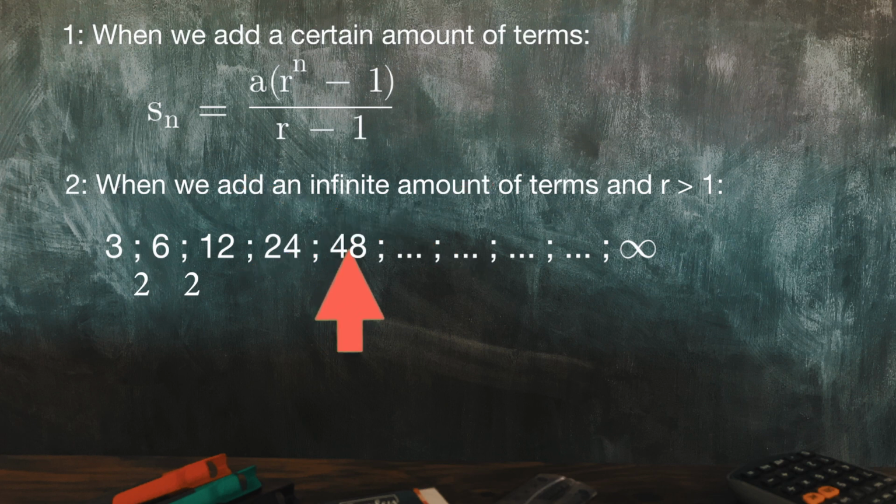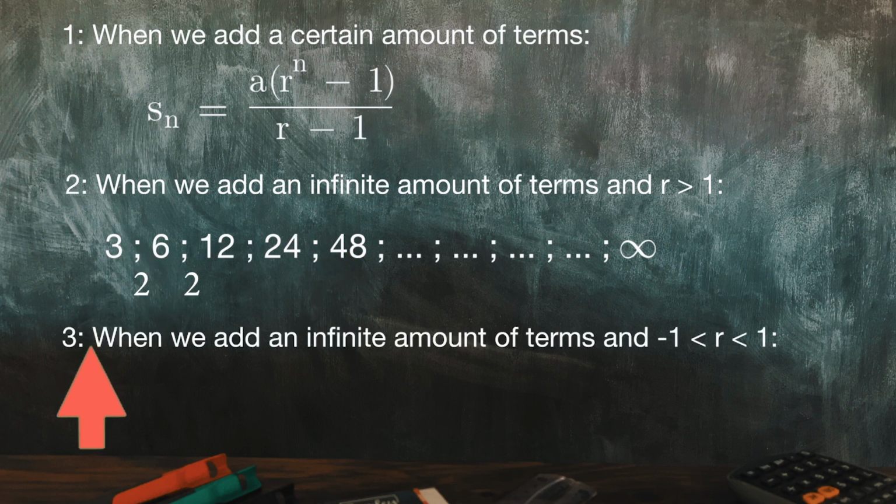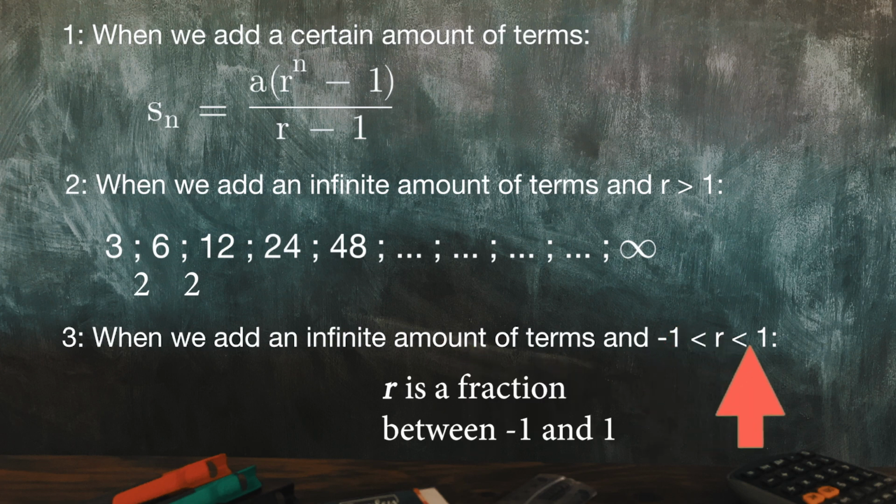That brings us to the third point, the one we are going to learn today. When we add an infinite amount of terms, but the constant ratio is a fraction between -1 and 1, it's very important for you to remember this. We want to get the sum to infinity, but the constant ratio is a fraction between -1 and 1.